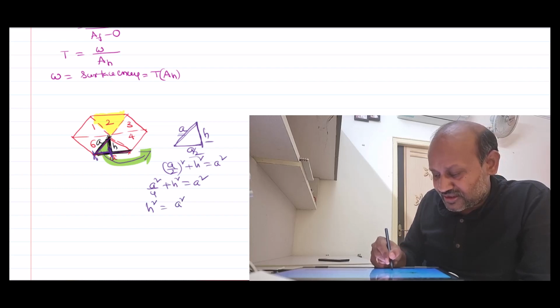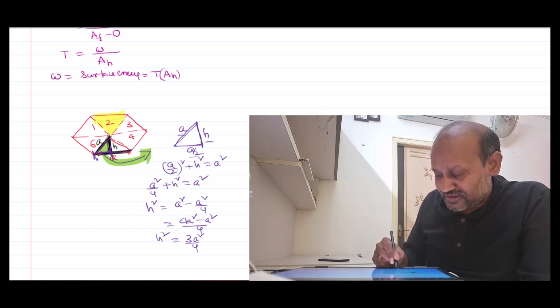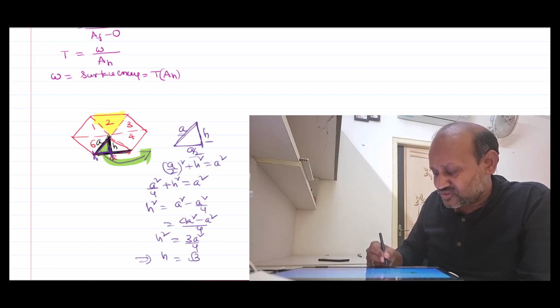So H square equals A square minus A square by 4, that is 4A square minus A square by 4, that is 3A square by 4. That is the square of the height. Taking the square root on both sides, height H equals root 3, square root of A square is A, square root of 4 is 2.